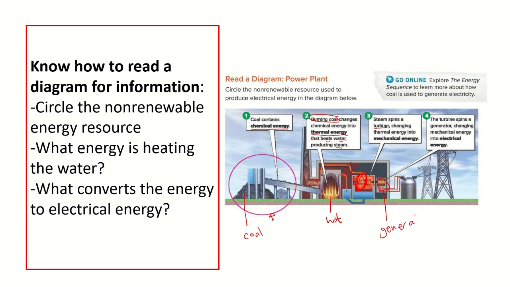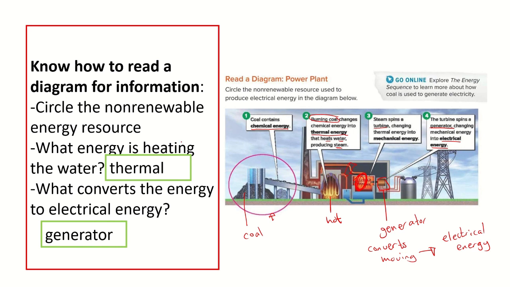The generator is a machine that converts moving energy to electrical energy. So this generator changes moving energy, or kinetic energy, into electrical energy. Okay, so this is what is happening in the picture.